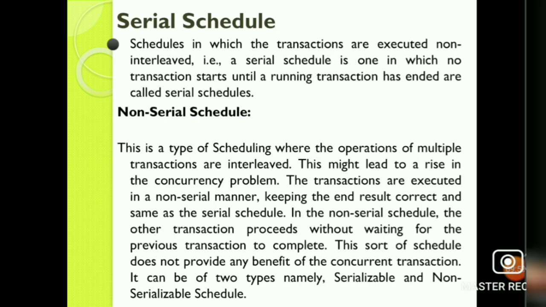A serial schedule is a schedule in which the transactions are executed non-interleaved, that is, one after another. So there is no problem in a serial schedule. Non-serial schedule is a type of scheduling where the operations of multiple transactions are interleaved. It means during transaction 1, transaction 2 may start or transaction 3 may start executing.